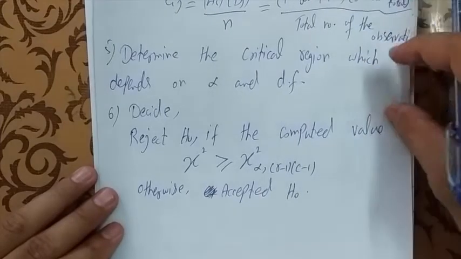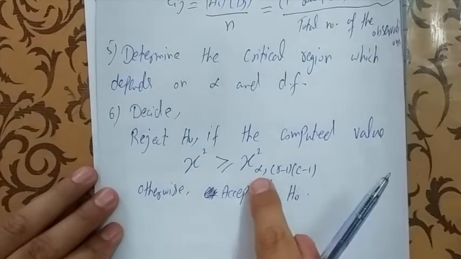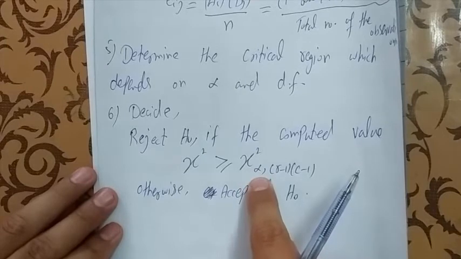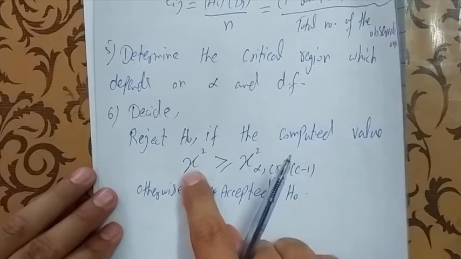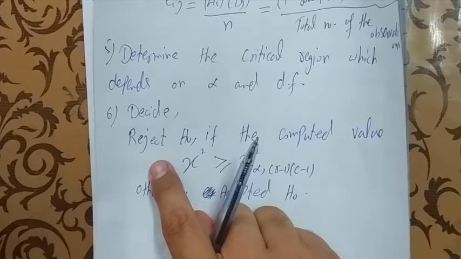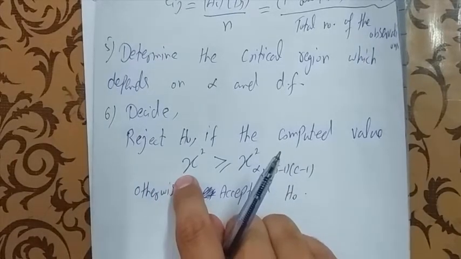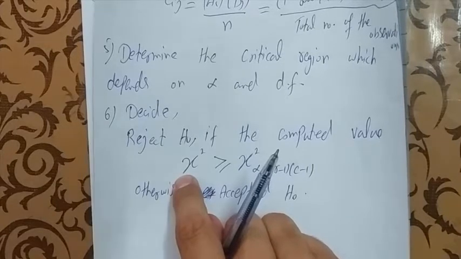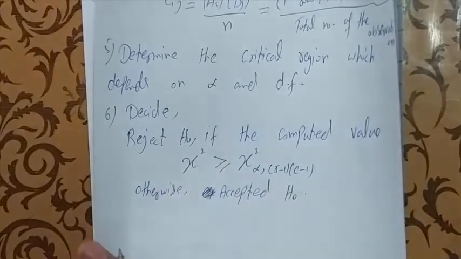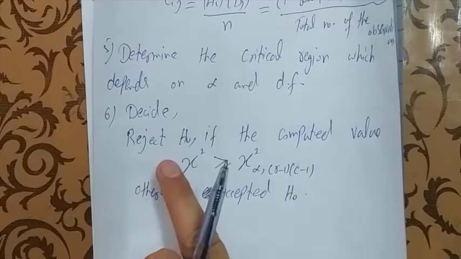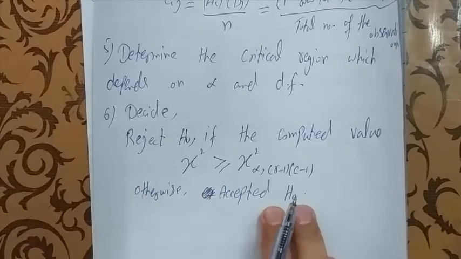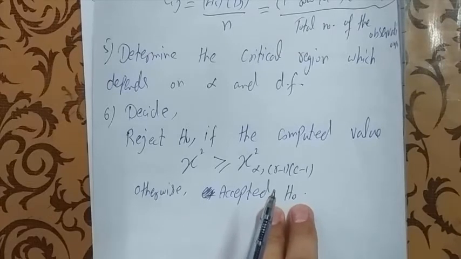Dear students, in the sixth step, if the computed value from the test statistic is greater than the table value, then we say that the null hypothesis given in the problem is rejected, otherwise the null hypothesis is accepted.